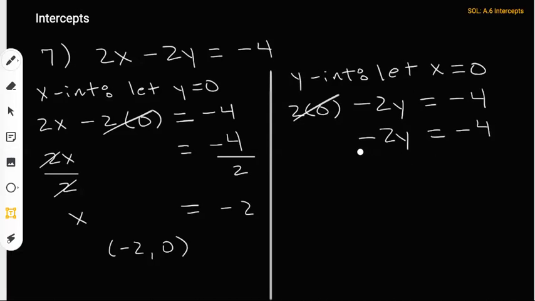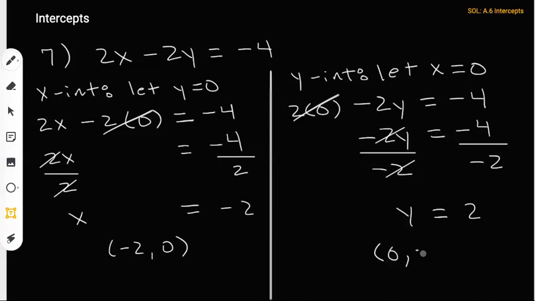So now I can divide both sides by the -2. And I get y is equal to -4 divided by -2. That's going to be a +2. So I get 0, 2 as my y-intercept.